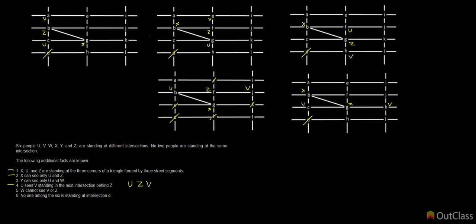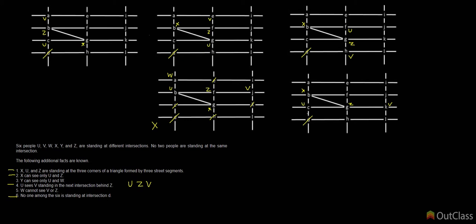Now in this case, if w cannot see v or z, w cannot be in this column or this column, which only leaves us with w here. Now that was clue 5, and clue 3 says y can see only u and w. Where can you place y so that y can see only u and w? There is no such solution, so this case has been contradicted.